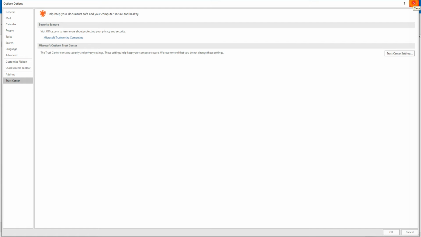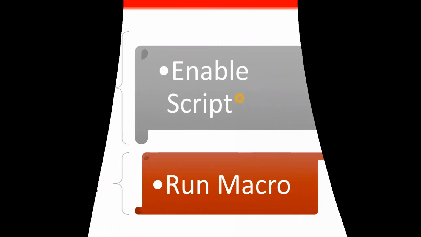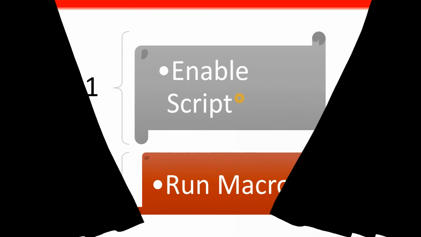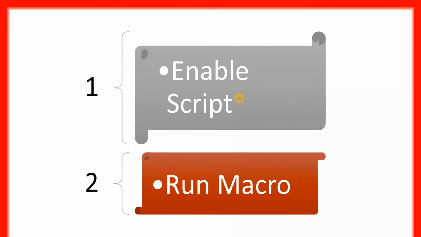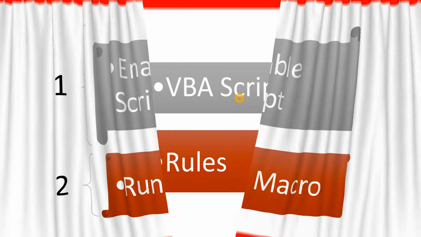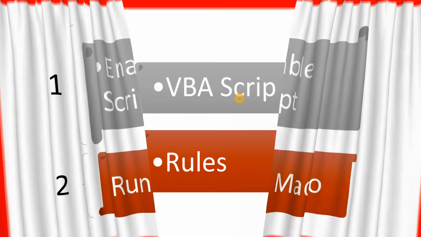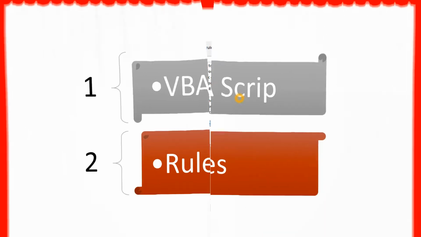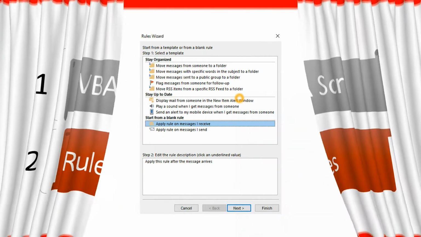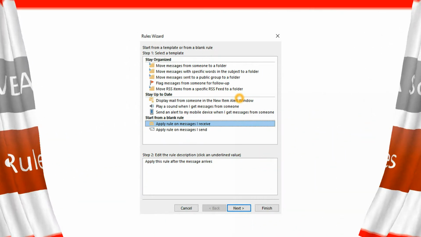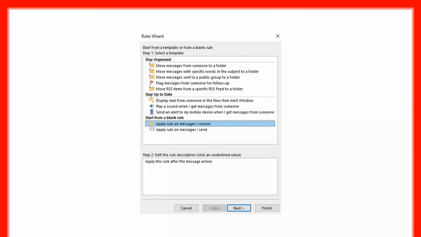Now coming to the rules part, I'll show you the rules first. Here is the main crux of what we are going to do. As I've told you, I'll tell you about the VBA script, but I'll show you the rules now. First you go to rules and start from a blank rule, and apply rule on messages I receive, and anything you can do.